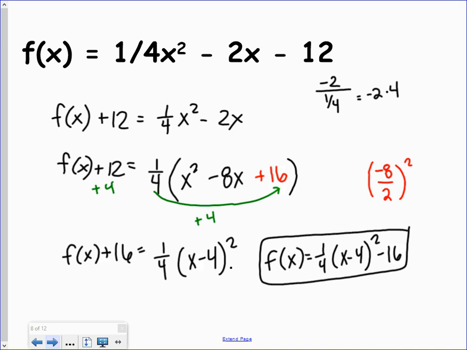I think those will be the hardest ones for us when we have to factor something out, especially if it's a fraction. So just be aware of that. If you see it on the homework, make sure that you try it, so that you can check to see if you're doing it right.